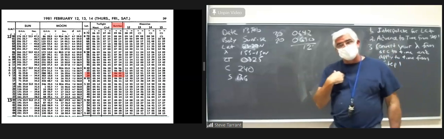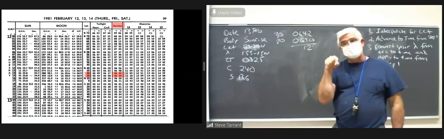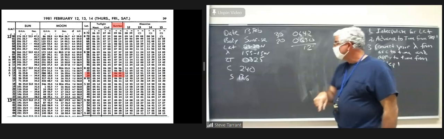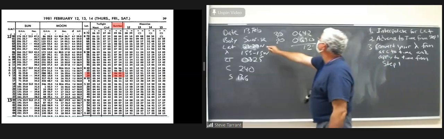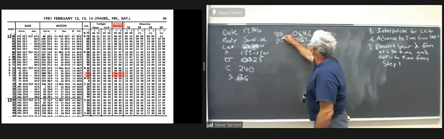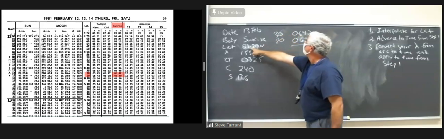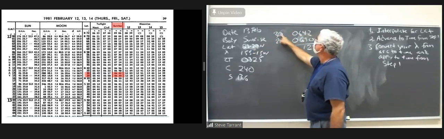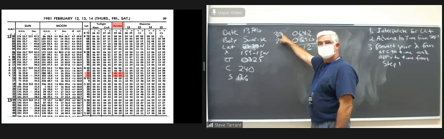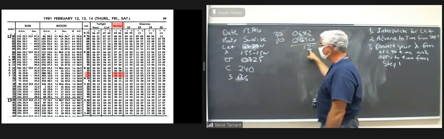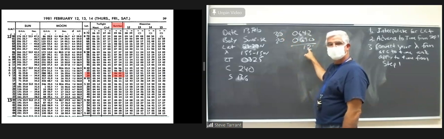Well, what's my latitude? 2320. So I'm between these two, and 23 is about a third of the way to 30. So my correction should be about a third of 12.